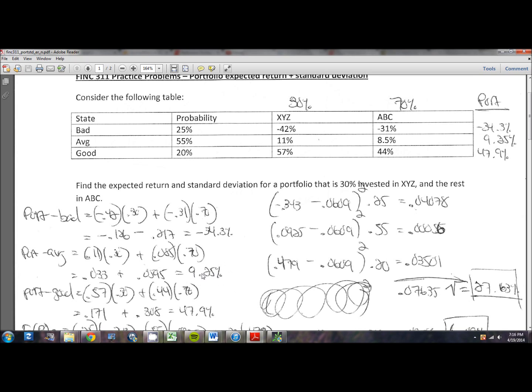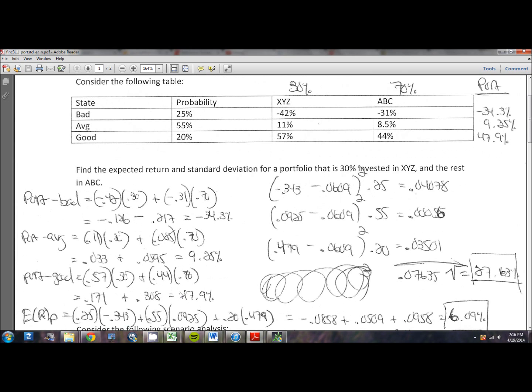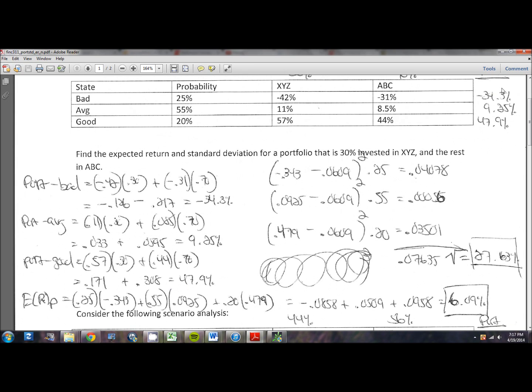And finally, the portfolio in the good state is found in exactly the same way: the return of XYZ in a good state times the weight of XYZ plus the return of ABC in a good state times the weight of ABC. So that's 47.9.